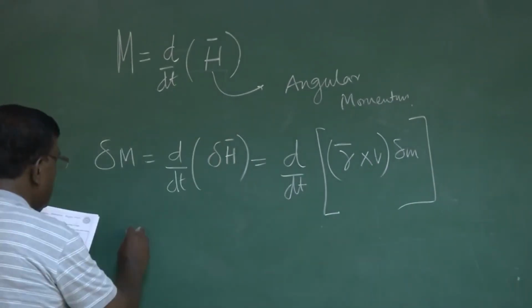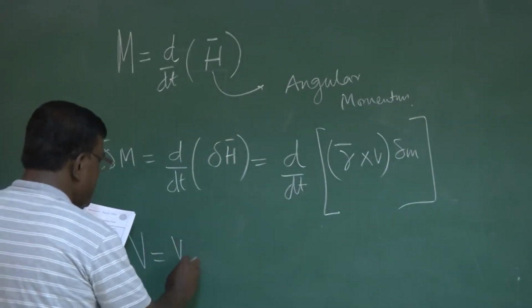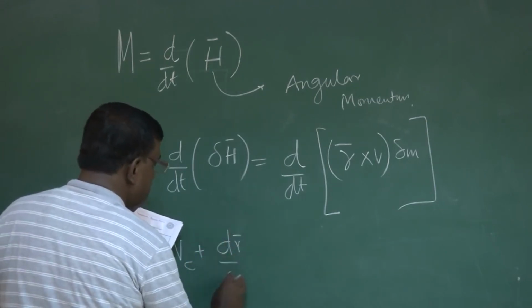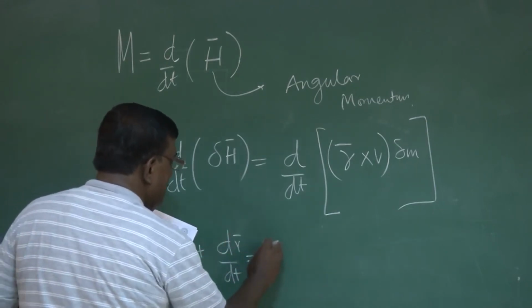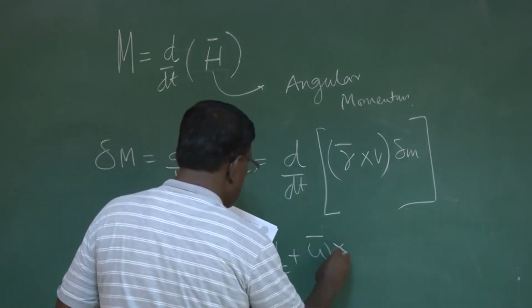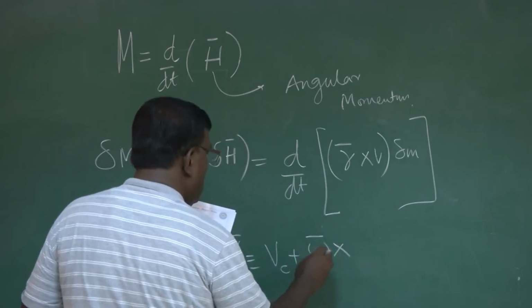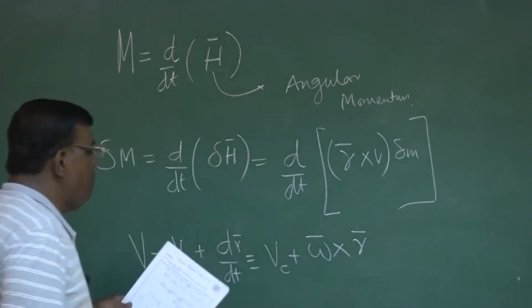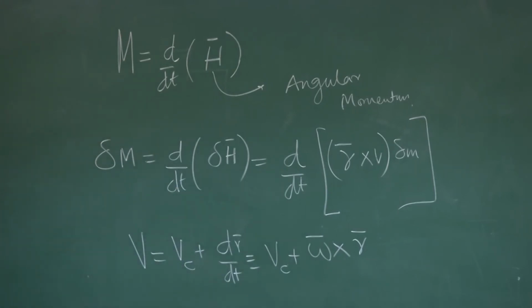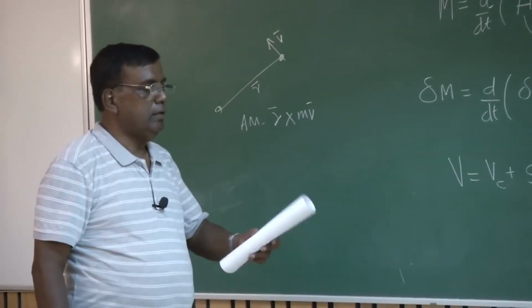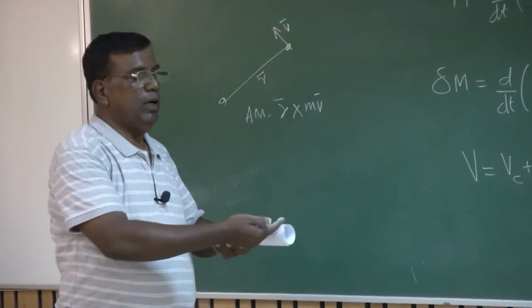Also, v equal to vc plus dr by dt, which I can now write as vc plus omega cross r. Is this clear? dr by dt is nothing but omega cross r. Say, for example, if this body is rotating with omega, then what is the velocity here?